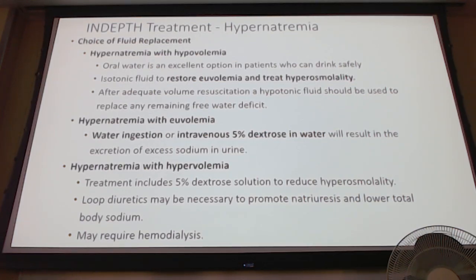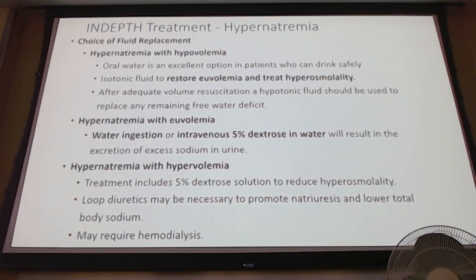Kind of just what we talked about. If you have hypernatremia with hypovolemia, you want to restore that to euvolemia, so we want to give them fluid. Okay. Hypernatremia with euvolemia, you're just giving water, a little bit of dextrose fluid to try to drive out that sodium. Okay.